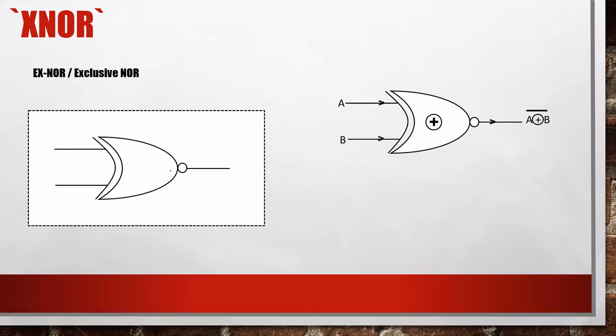If you take the symbol, compared to the typical XOR operator, you will have this additional circle in the symbol. The coding level symbol is like this, A XNOR B, the bar. How this works is that it gets the opposite of the XOR gate.